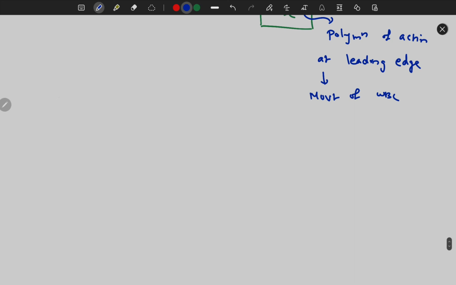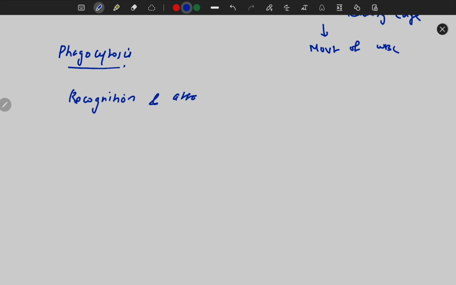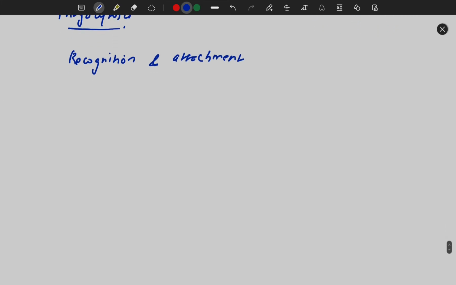And at last comes the phagocytosis. In phagocytosis, there is recognition and attachment. For phagocytosis to happen, there must be a receptor.